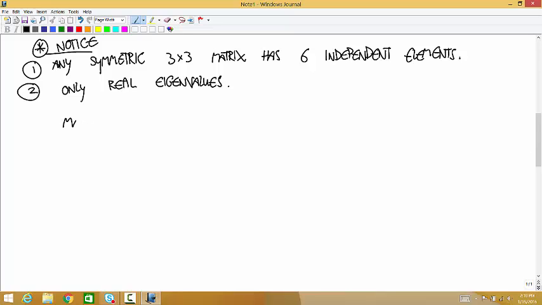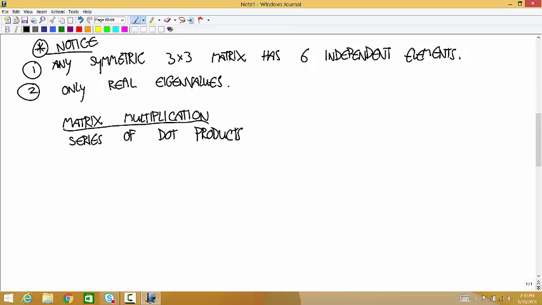Okay, matrix multiplication. We're going to have to do a lot of this. That's the next topic. You can think of this as just a series of dot products. And you know what a dot product is.